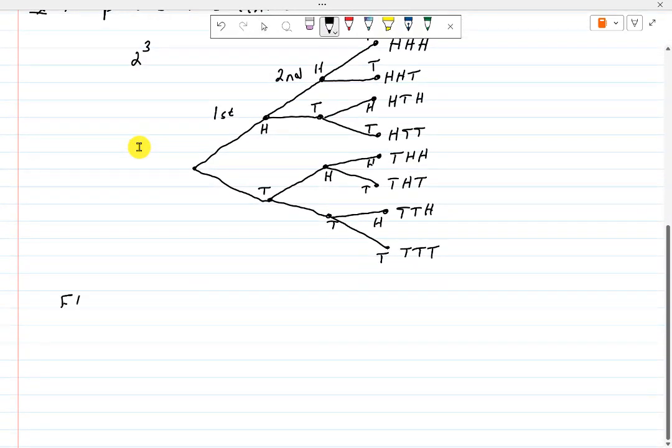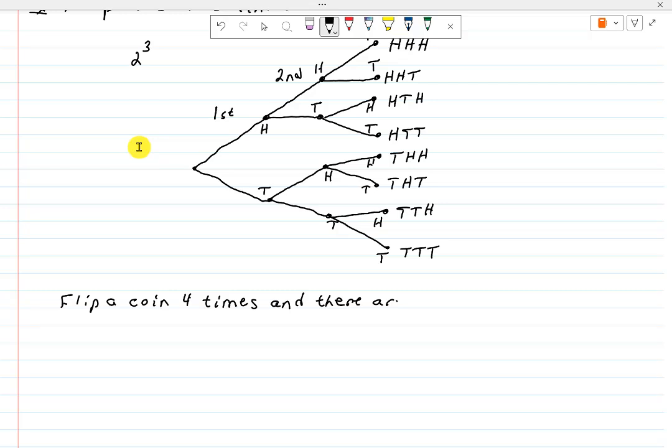Flip a coin 4 times, and there are 2 to the 4th outcomes. That happens to be 16. That's handy to have in mind. This is part of what we call the multiplication principle.